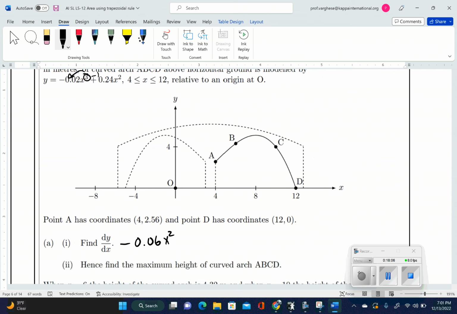So that's the first part, and then I'm going to do the same thing here. 2 times 0.24 is 0.48x, right? 2 minus 1 is 1. And that's it, right? So I just found the derivative. So this is my answer to part A.